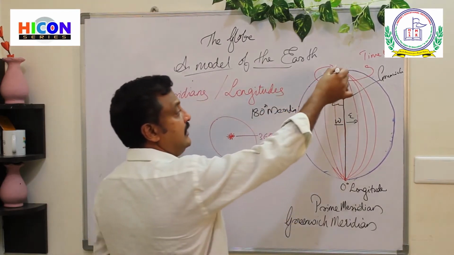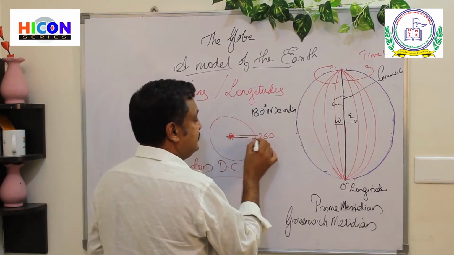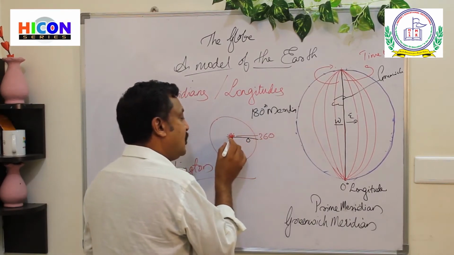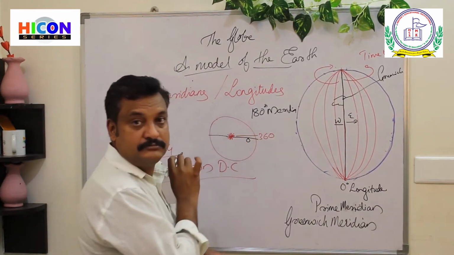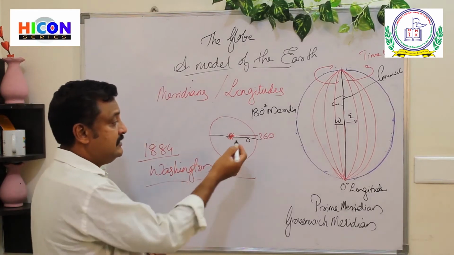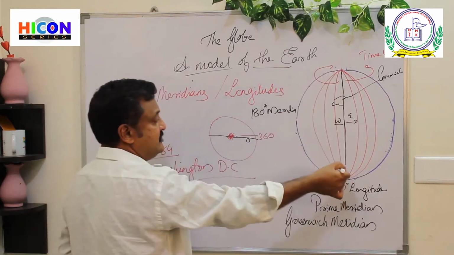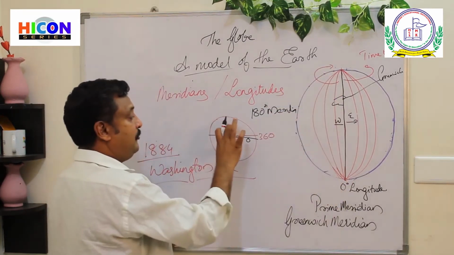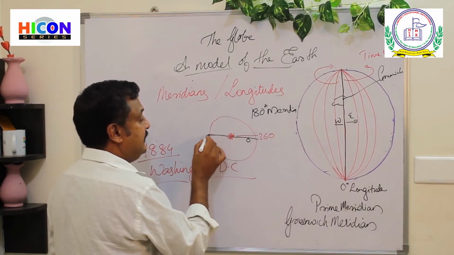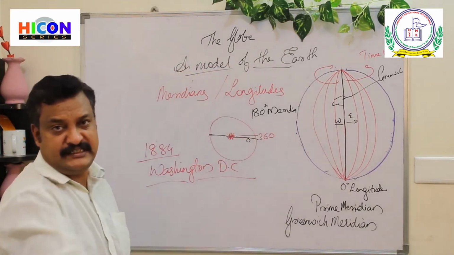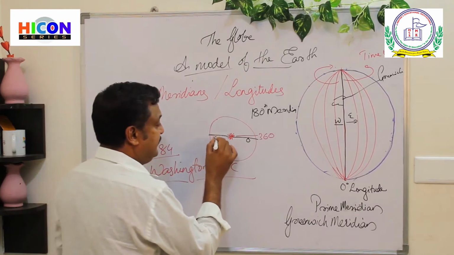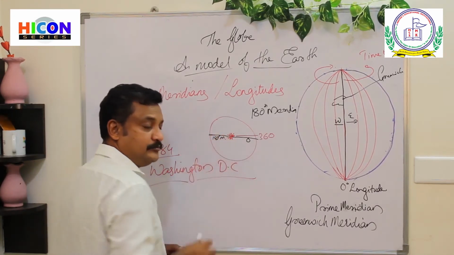Means the one that falls, if this is the 0 degree meridian, the opposite one, right? If this is the 0 degree meridian, the Greenwich meridian, when we look from the top of it, we can find another line going on the opposite side of it, isn't it? That is the 180 degree meridian.